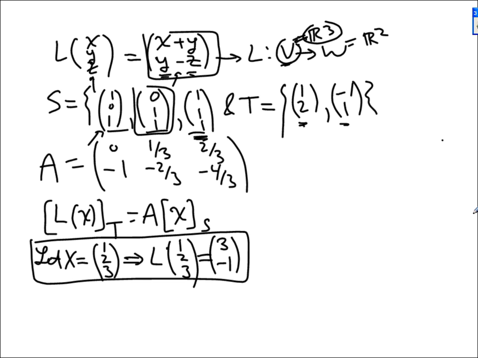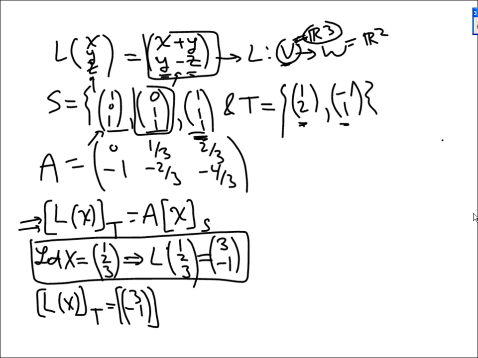What are the coordinates of L of x with respect to T? Well, L of x is 3, negative 1.